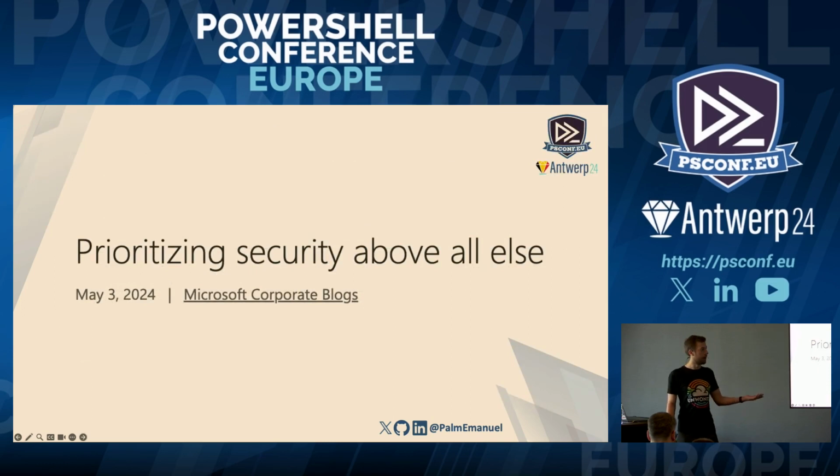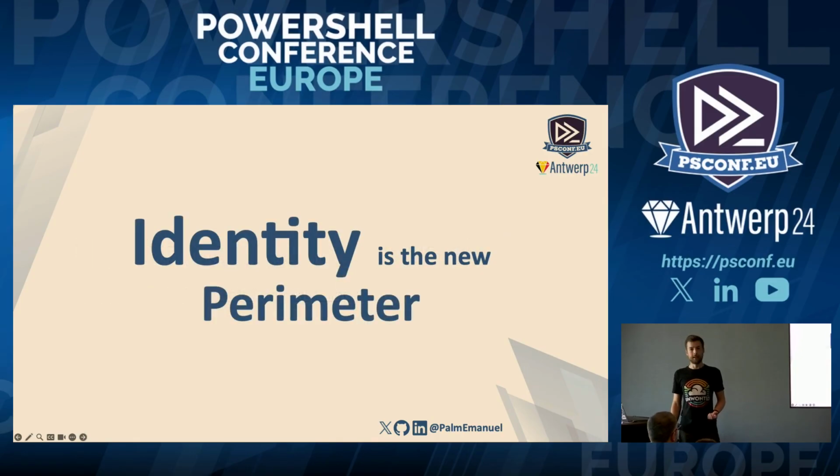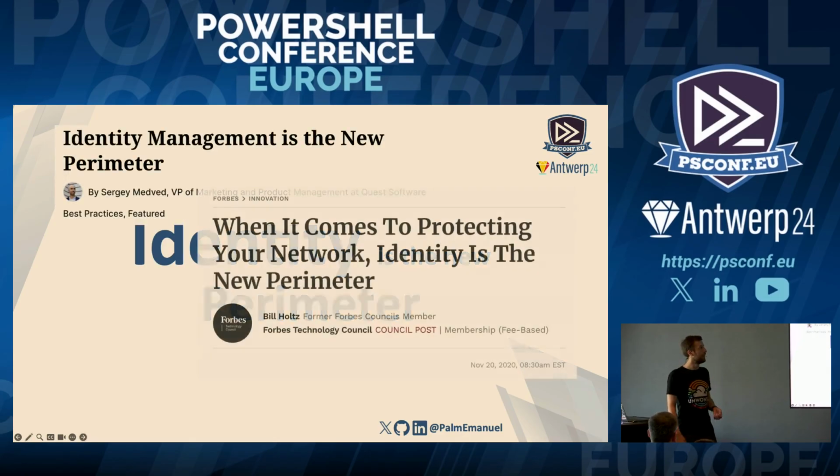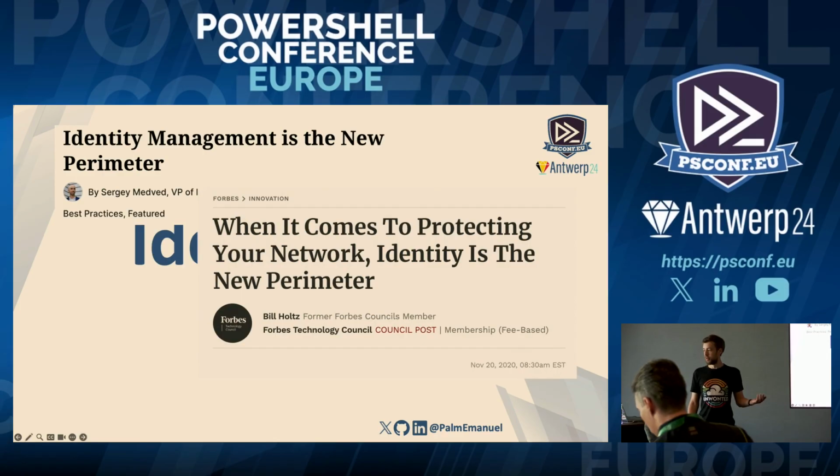Also, partly why Microsoft went out and said that they're prioritizing security above all else a month ago. And when it comes to security, identity is the new perimeter. This might be something that you've seen in headlines. When it comes to protecting our network, identity is the new perimeter. This is a way of saying that when we are in the cloud, we are working towards public resources for the most part.